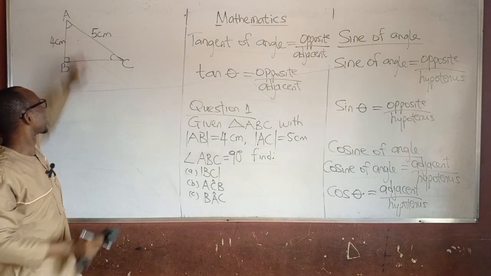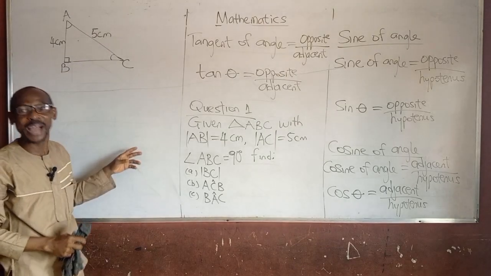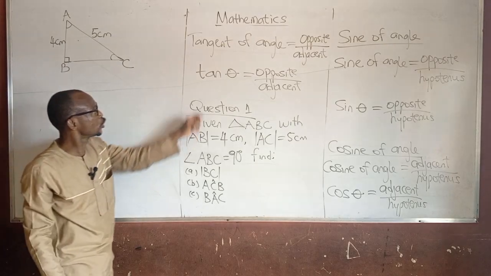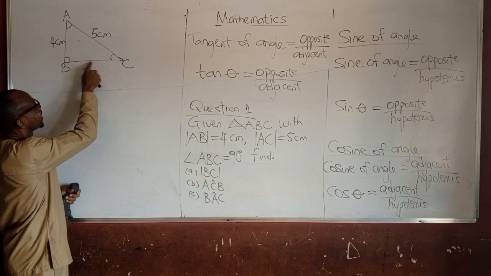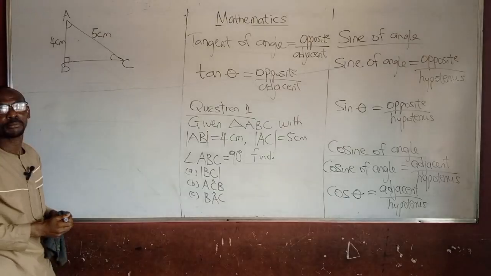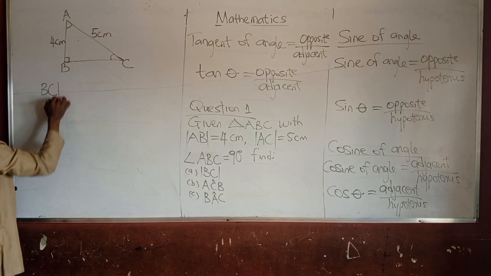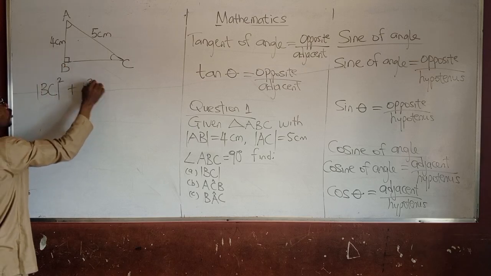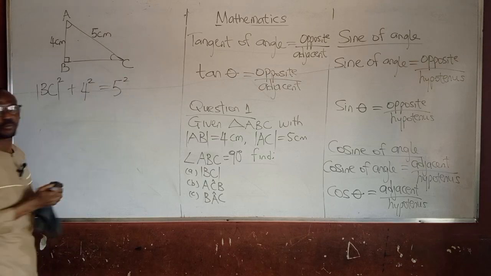We fit use Pythagoras to find this side. But we no go fit use Pythagoras to find the angles that were there inside. But we also fit use our trig ratio. Also, we fit find this side if we know this angle here. But let's use Pythagoras. This now BC. When we square them plus 4 square, it will give us equal to 5 square.